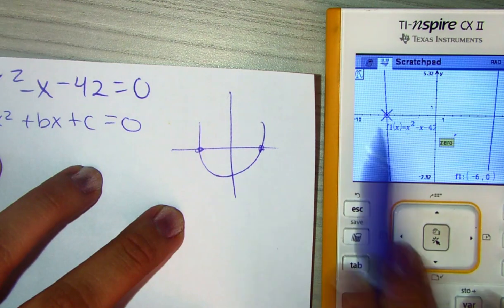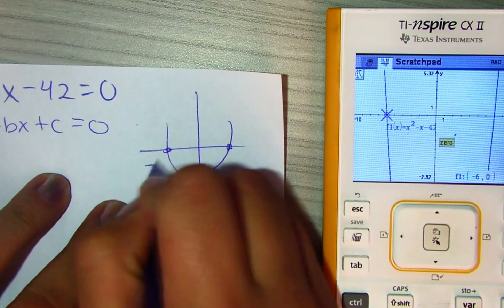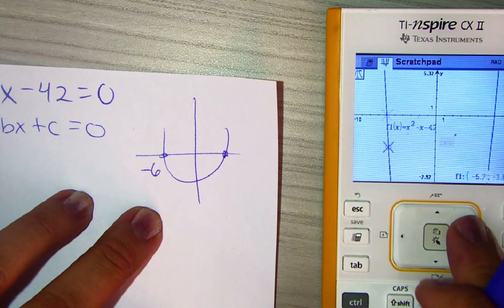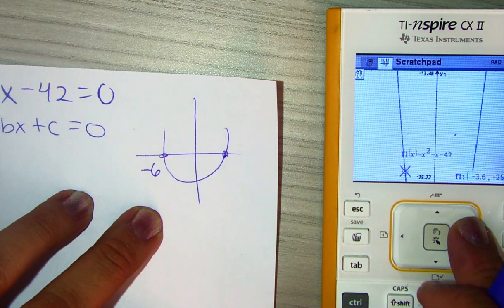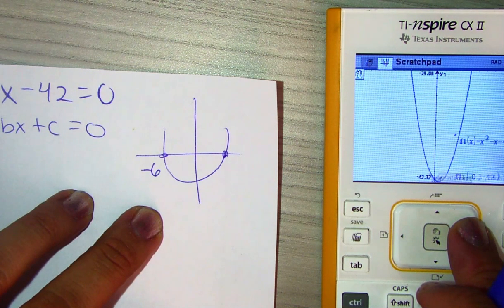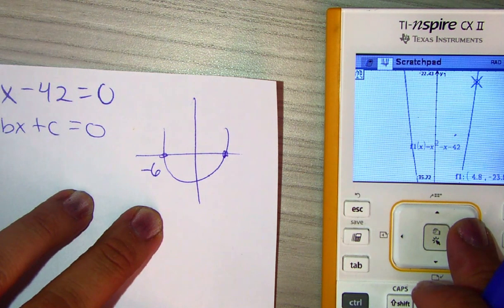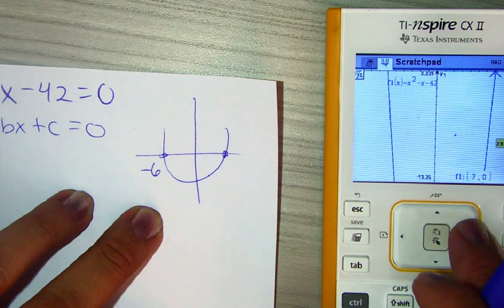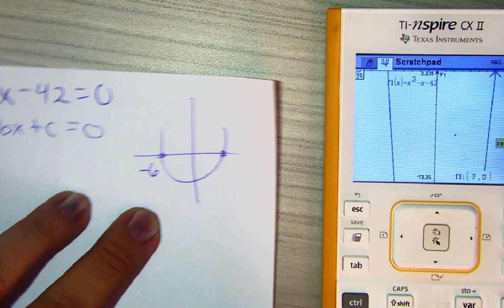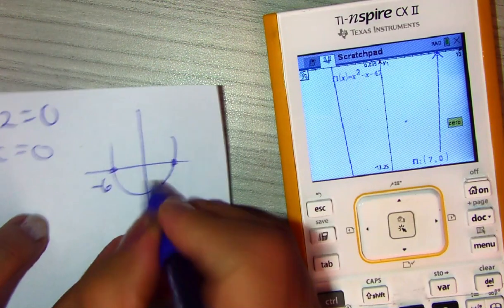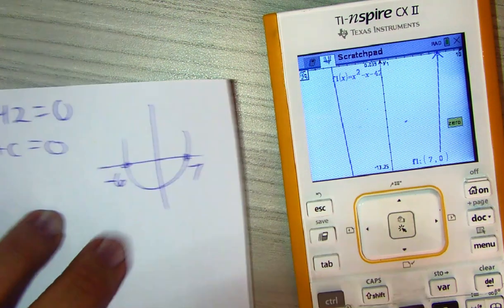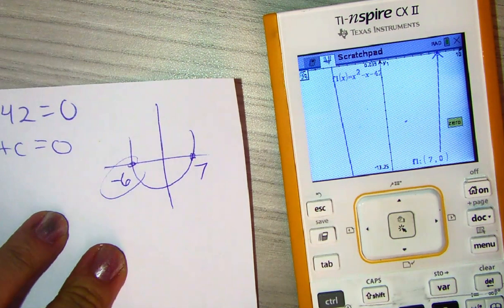Okay, so the negative is at -6 and the positive will be at +7. Okay, so the answer for the question will be -6.